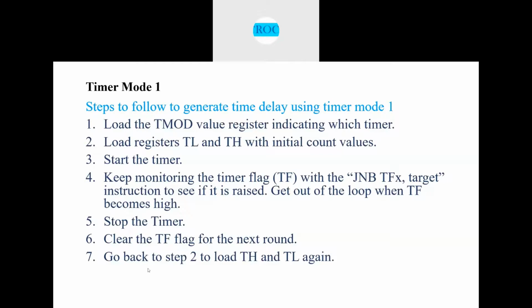Again go back to step 2 to load TH and TL again. This is the process you need to follow if you want to write C code or assembly language code for the timer to operate in mode 1 to generate a time delay.